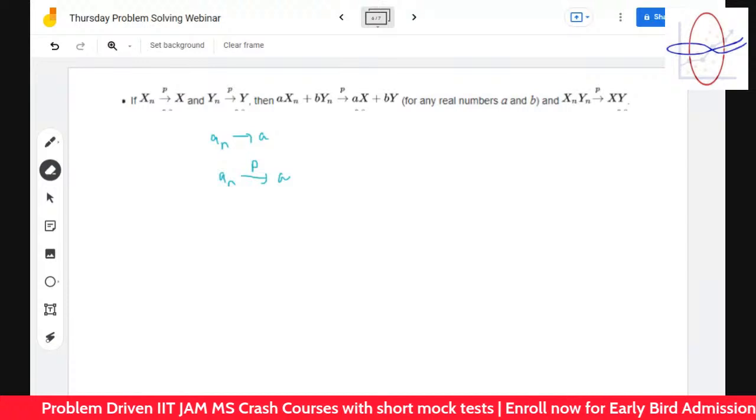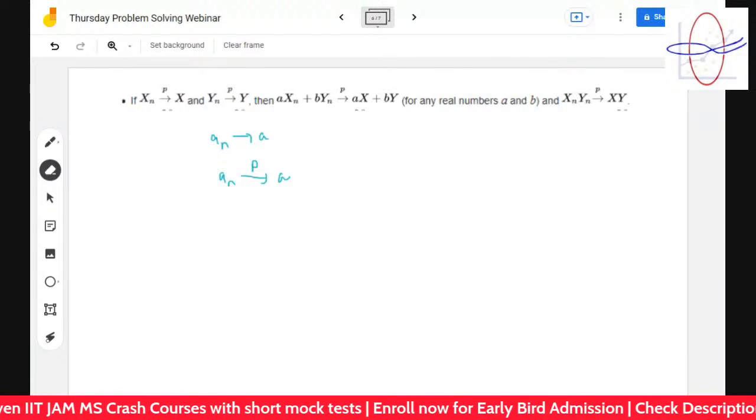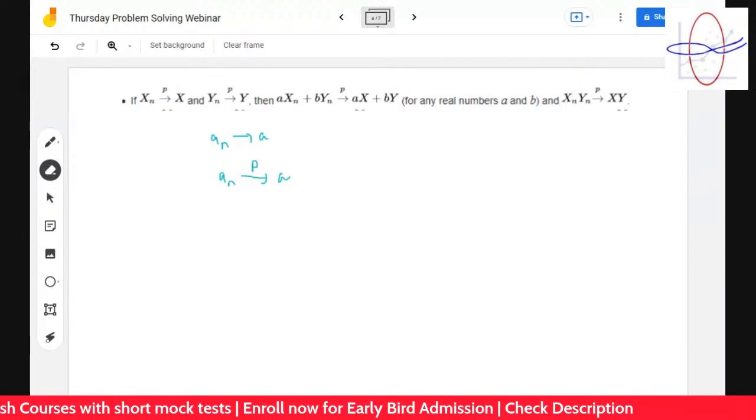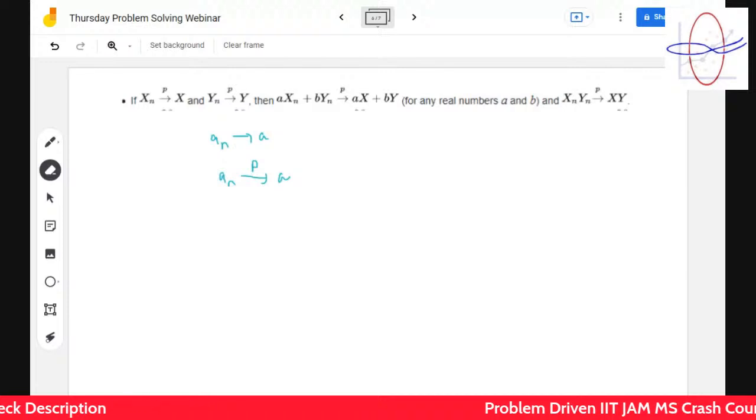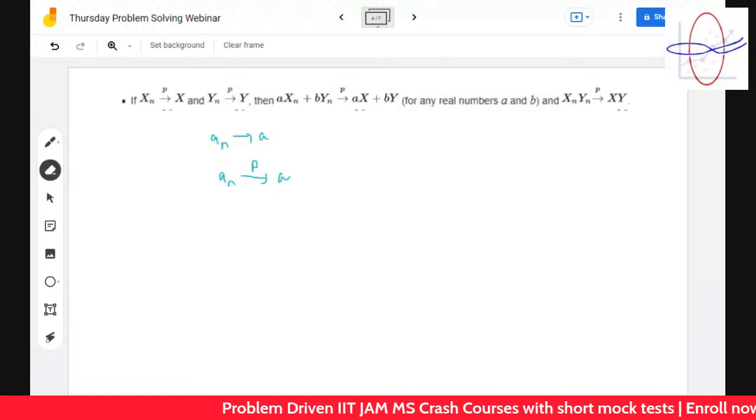Perfect, very good. Let's move ahead to the next problem. Orko, are you understanding everything? Okay, so let's move to the next doubt Tishika has.